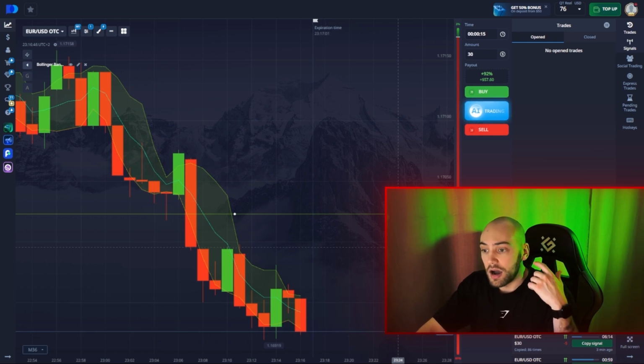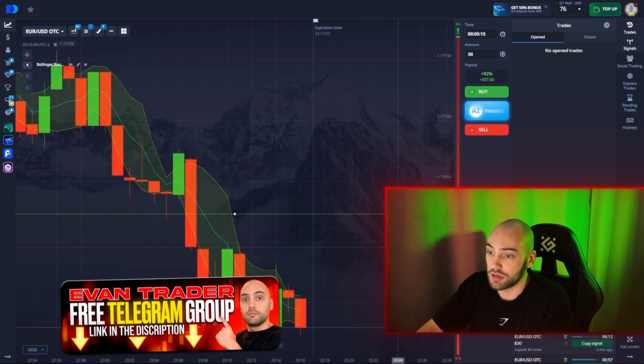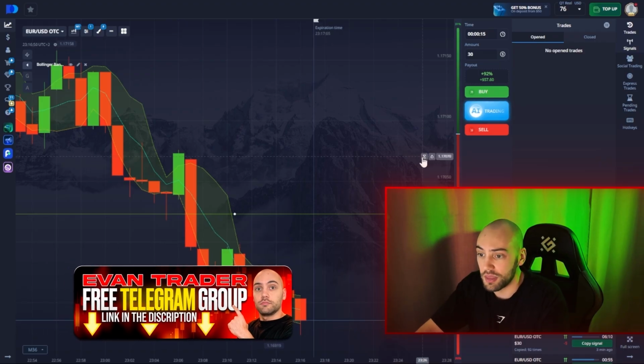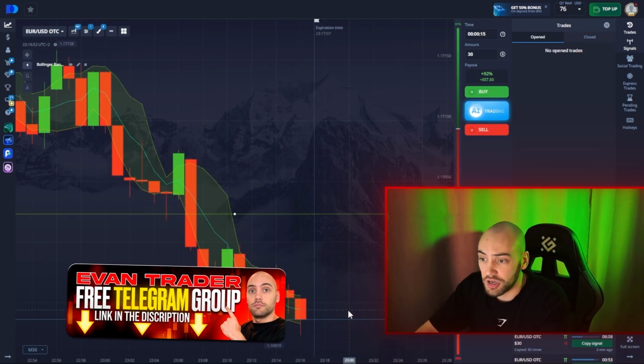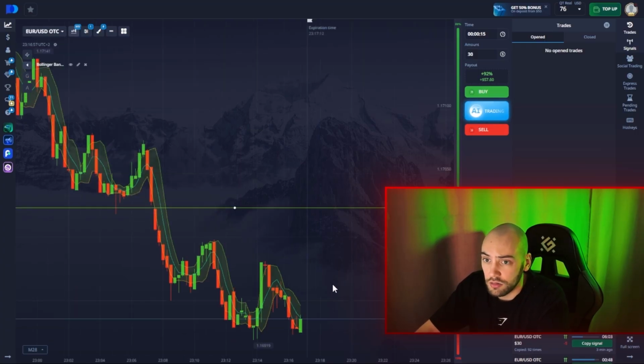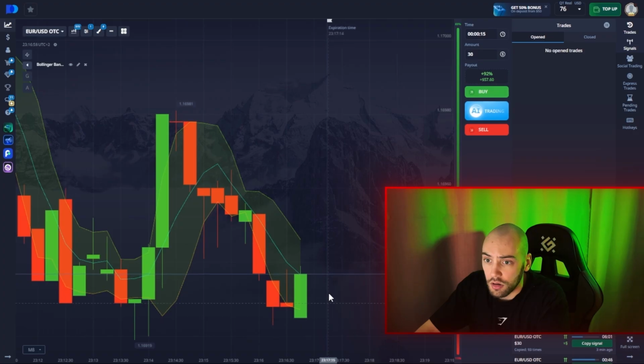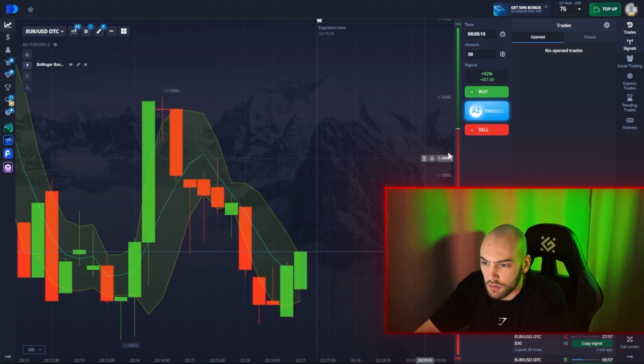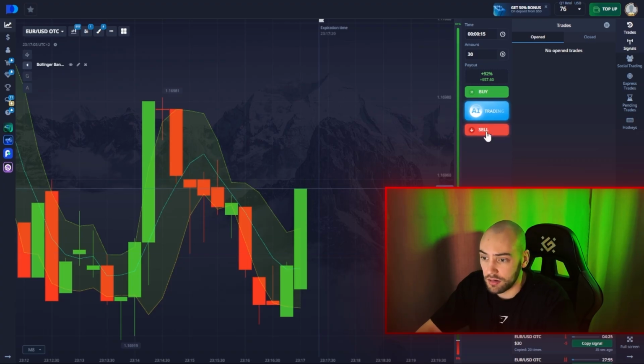Excellent. Now another series of short trades will be coming up. So waiting for the band to be hit, checking the 15-second chart here. Pulsating upward. So when it hits the band, we go for a sell.